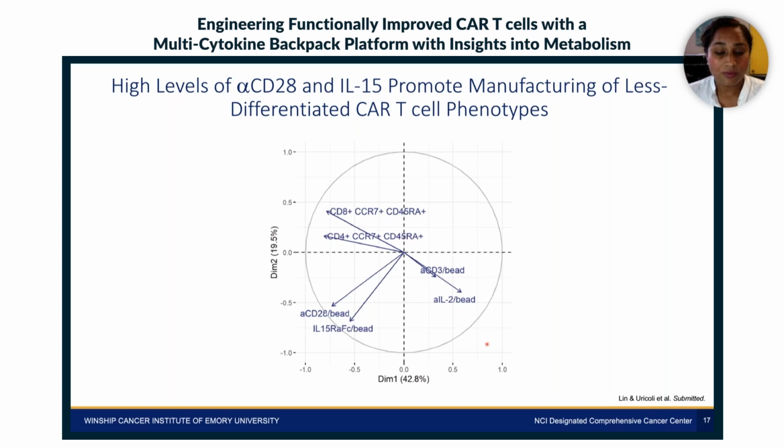Similar to what we expected based on our literature search, we found that beads with higher levels of CD3 and IL-2 were negligibly correlated with less differentiated phenotypes, and beads with greater percentages of CD28 and IL-15 were positively associated with these less differentiated phenotypes.